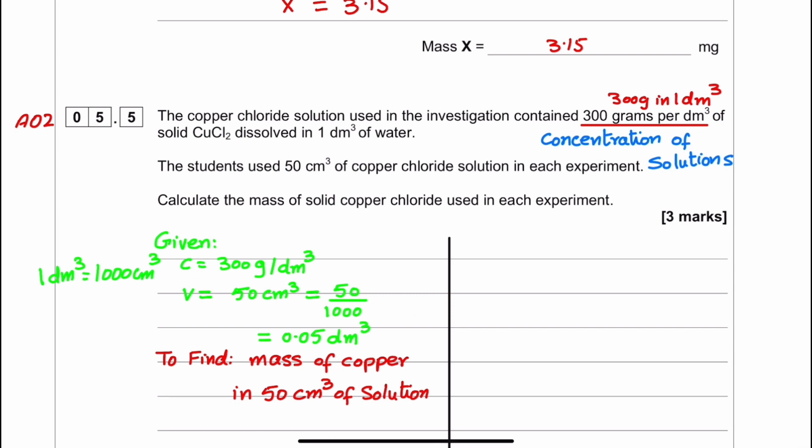Now the students use the ratio and proportion method, which is comparatively easy, between the volume and the mass.